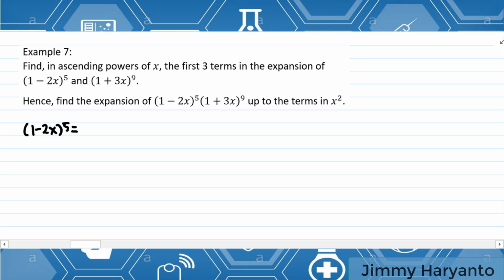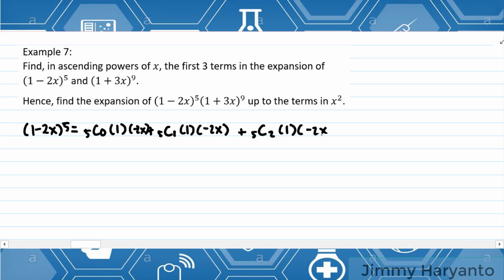The first three terms: 5C0, 5C1, 5C2. 1, negative 2x, 1, negative 2x, 1, and negative 2x. This one is 0, 1, 2. The sum should be 5, so this one will be 5, 4, 3.